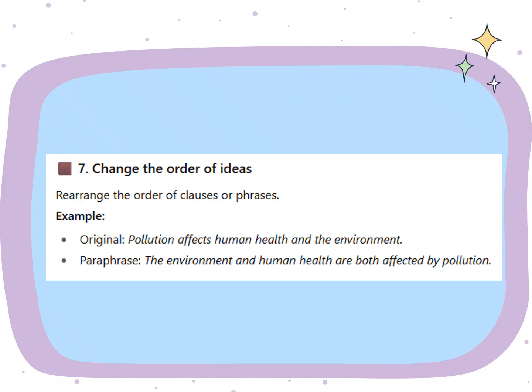In this situation, you can see that the author changed the sentence from the active voice to passive voice and also rearranged the order of the phrases, right, or clauses.